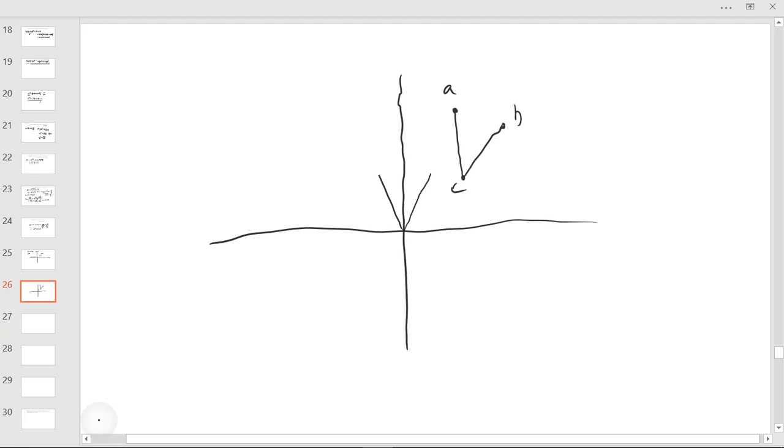So we have A minus C and B minus C, and C becomes 0.